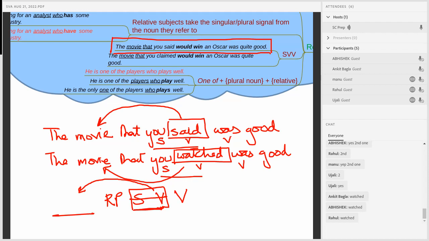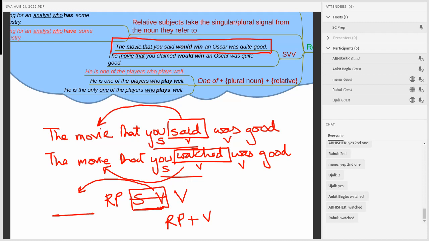So when you see SVV and the first SV cannot work as part of a description for the noun that the that is pointing to, mentally you remove it. This structure is meant to be read as RP plus V. That's it. It is actually reducible to that form. So this is not a new structure. SVV could just be RP plus V.